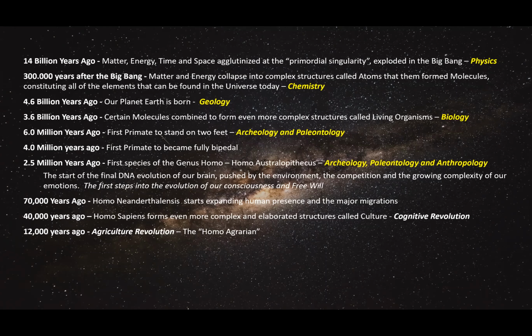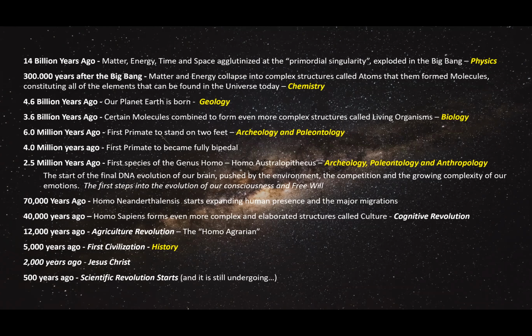And instead of collecting, we started to use the land and the animals in our favor to make our life better. And approximately 5,000 years ago, the first civilization appears on the planet. And 2,000 years ago, Jesus Christ incarnates among us. And about 500 years ago, the scientific revolution starts.